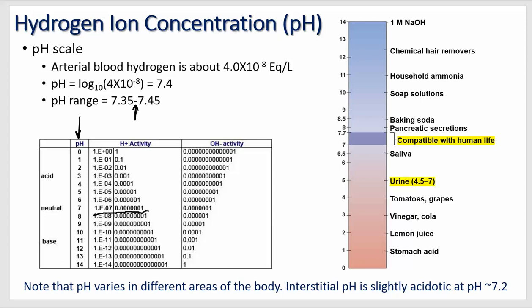All right, so if we look over here at the concentrations, we have our pH compatible with human life, 7 to 7.7, but we know that things like saliva are a little more acidic. So saliva here. Urine varies, but it doesn't really get much below 4.5, 4.4. And then we can see other food items.